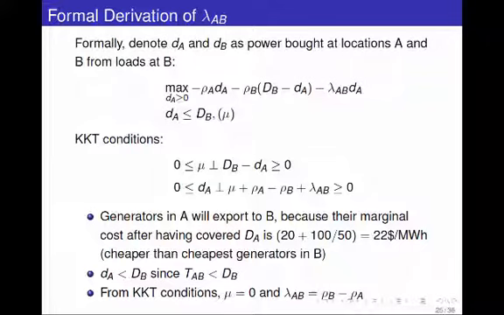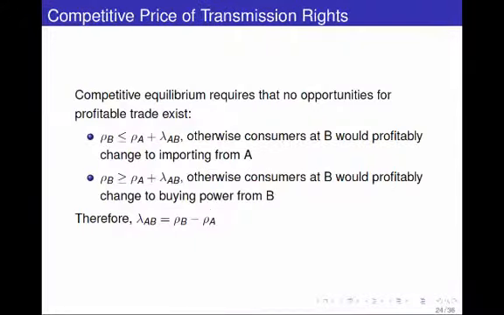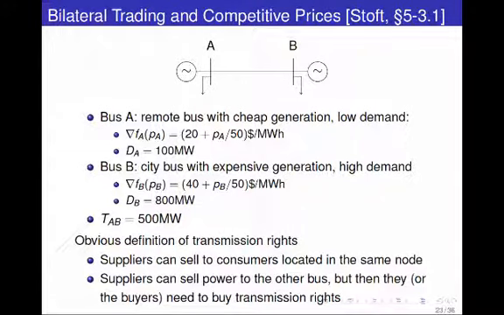So what is capital D? Capital D with subscript B is the fixed demand. We're assuming that the demand here is inelastic. We have to come up with 800 megawatts from somewhere. Capital D is the 800 megawatts. Little dA is how much power I'm bringing from outside.